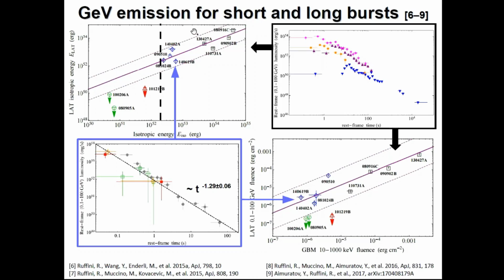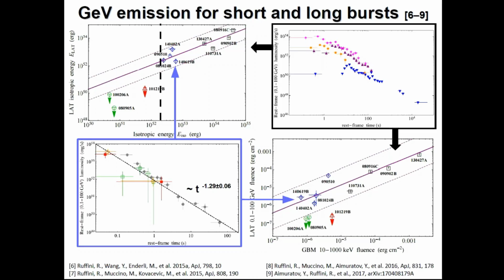GeV emission. While, on the other hand, short GRBs and long GRBs with energy higher than 10^52 ergs exhibit it when they are inside the instrument field of view, the LAT field of view. And also in this plot, you can see that usually long and short GRBs with energy lower than 10^52 ergs do not show any kind of correlation or presence of this GeV energy emission.